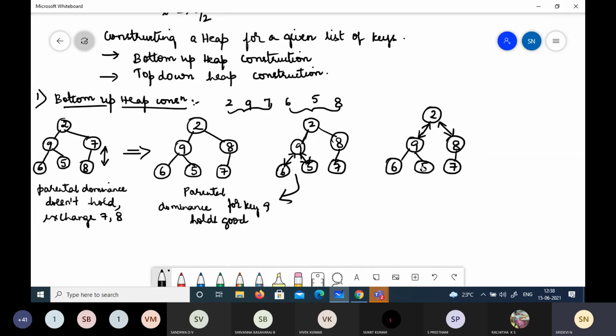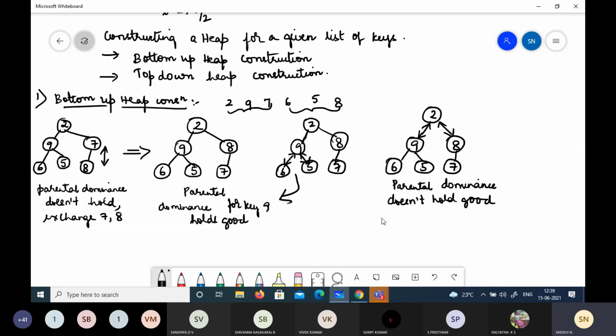Let's exchange. So why are we exchanging here? Because parental dominance doesn't hold good. I have highlighted this here with the arrow mark; there parental dominance doesn't hold good.